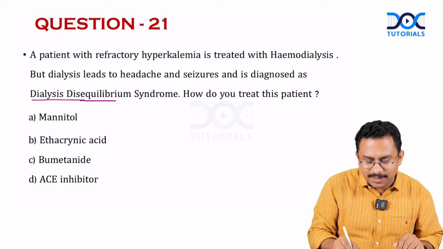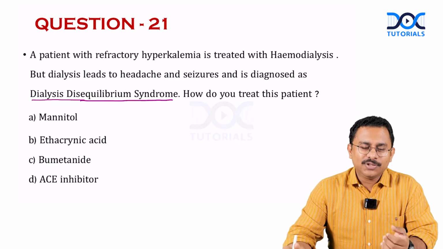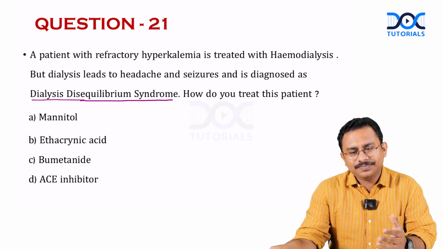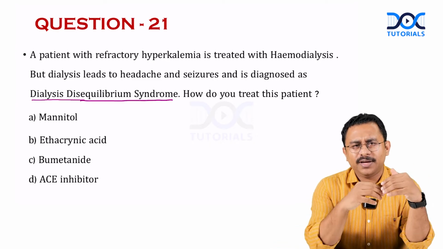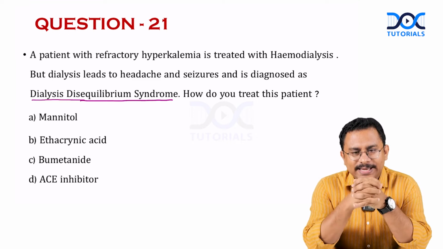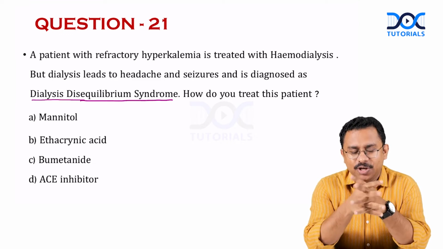complication that can result in patients doing dialysis, often for the first time. When you do dialysis for the first time, and when you have a significant elevation of the blood urea, this can lead on to a state known as dialysis disequilibrium.